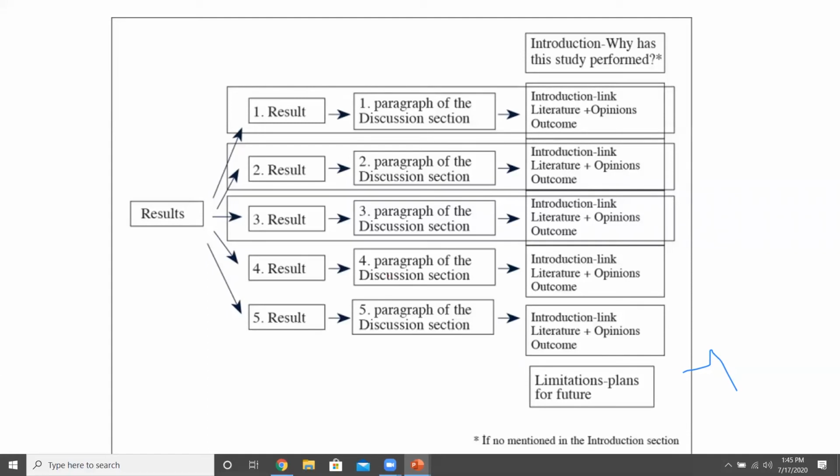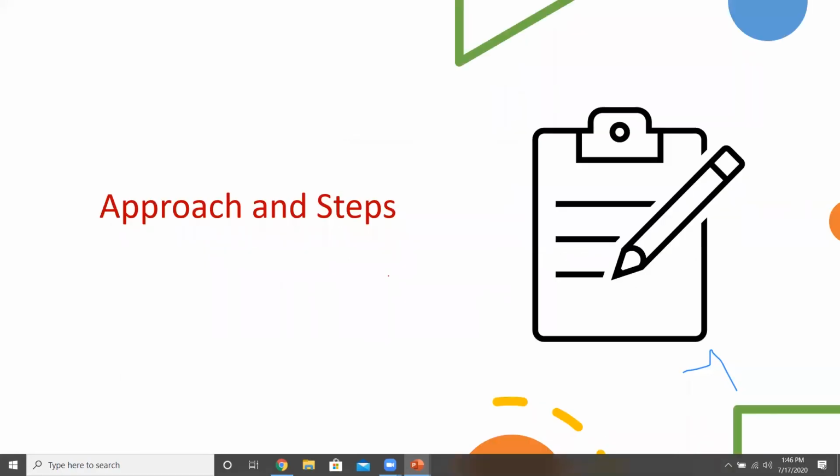Now that I said it's important, how does this add anything to either the population or the practices? And an important part, as you can see at the end, is limitations and plans for the future. This is a very important part of the discussion part.